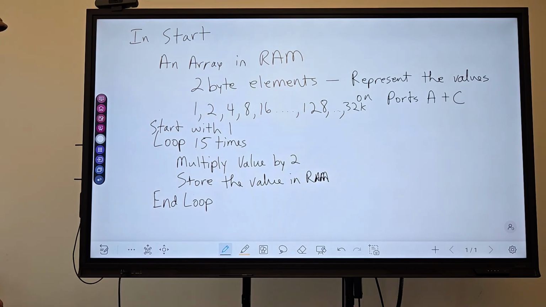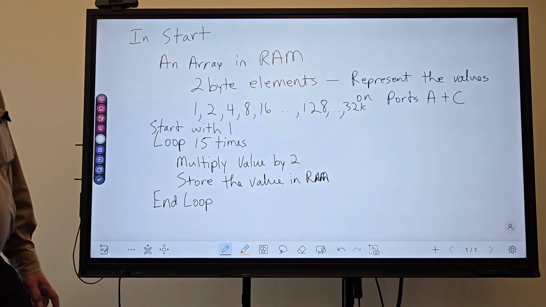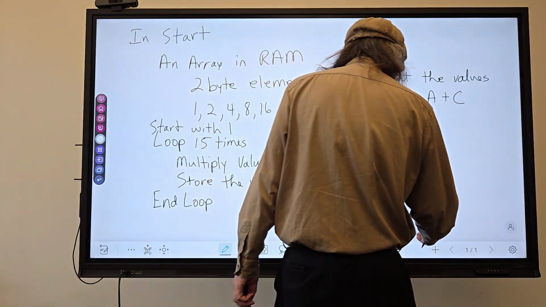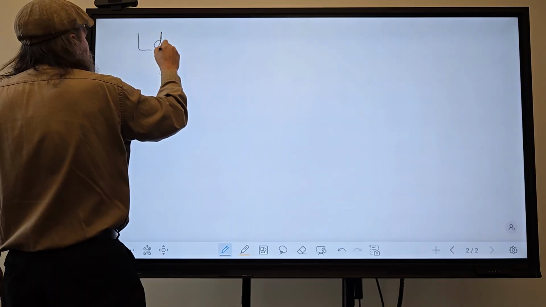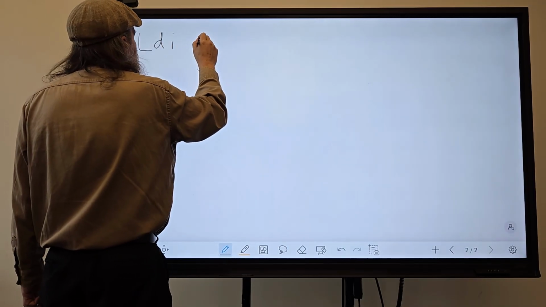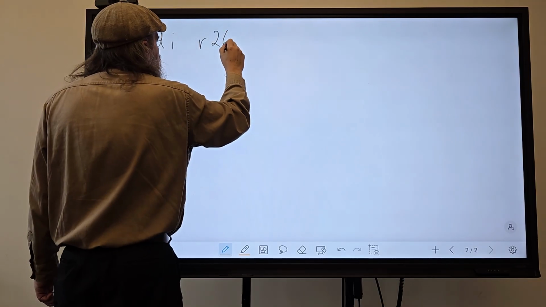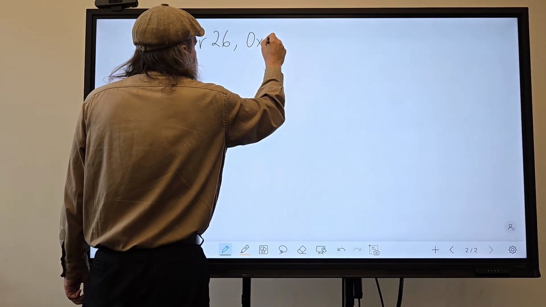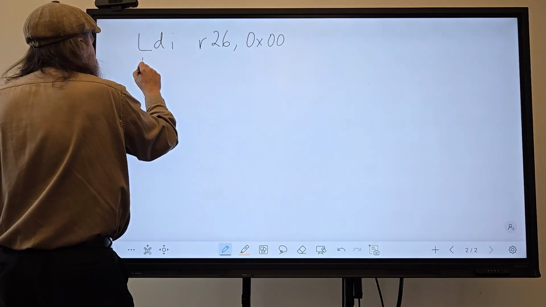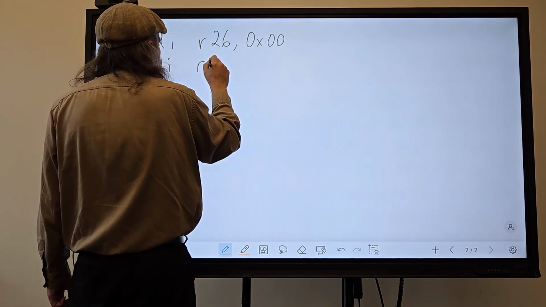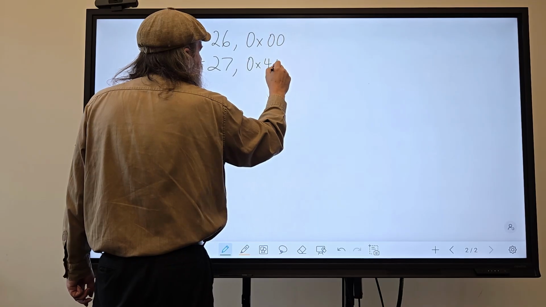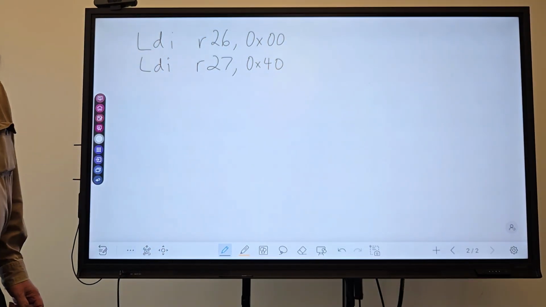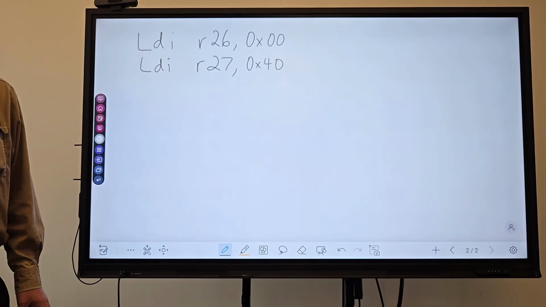So you're going to want to use pointers for this. Arrays, you need to have the pointers. So LDI R26, you're going to have 0x00, and LDI R27 0x40, which would give you an address of 4000.